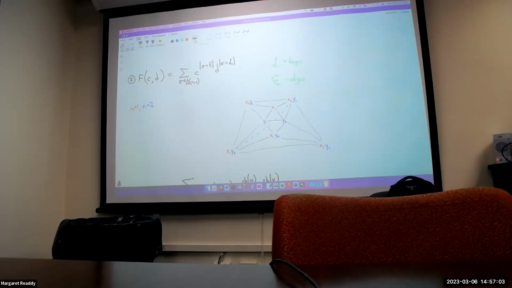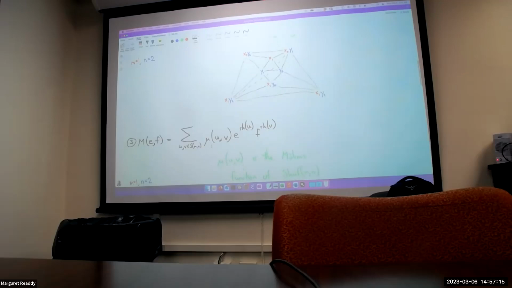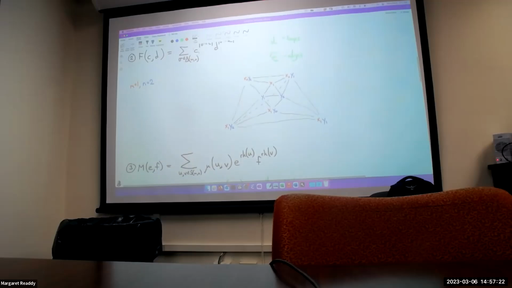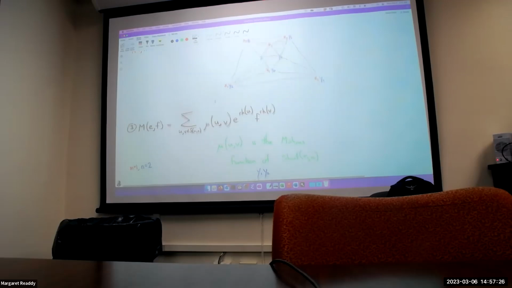One parameter, C, keeps track of the edges in my set, and the other parameter, D, keeps track of the loops. I'm not going to do more examples. This is the complex again, and we just count faces in different dimensions, except we separate out these 2 different types of elements in the ground set.